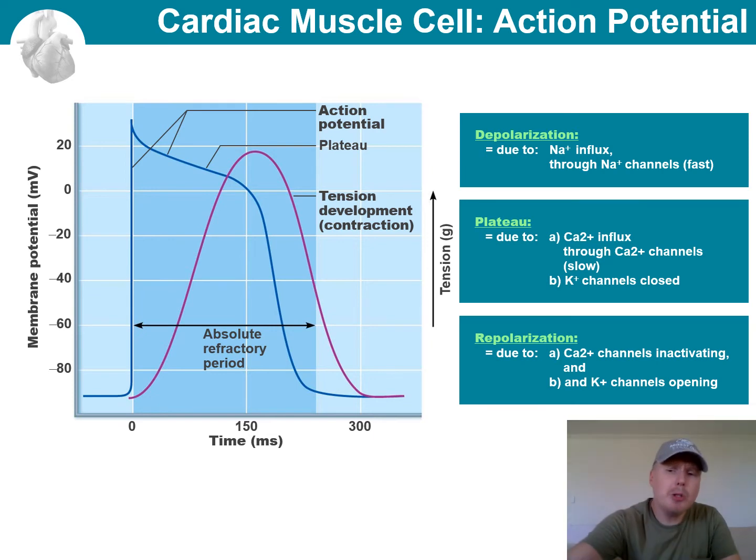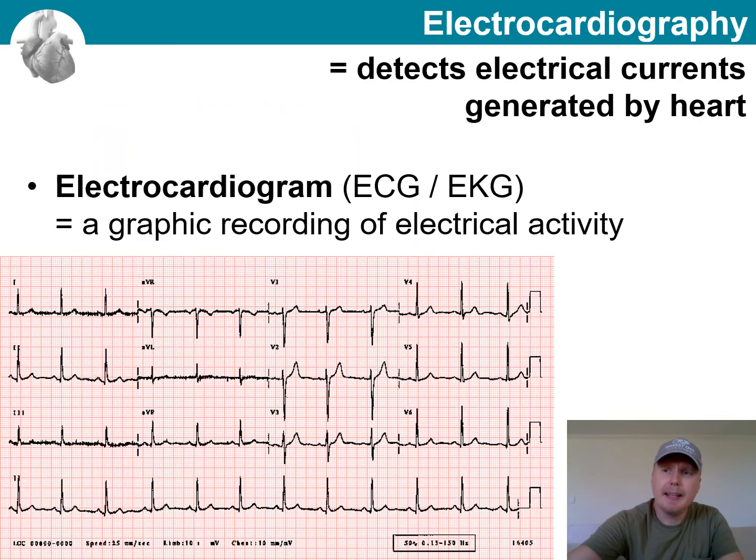Next, I would like us to look at electrocardiography. This is often abbreviated either as ECG or EKG. And what we will do with this method is that we measure electrical currents generated by the heart through 12 leads that have been placed across the patient's body, typically on the chest.